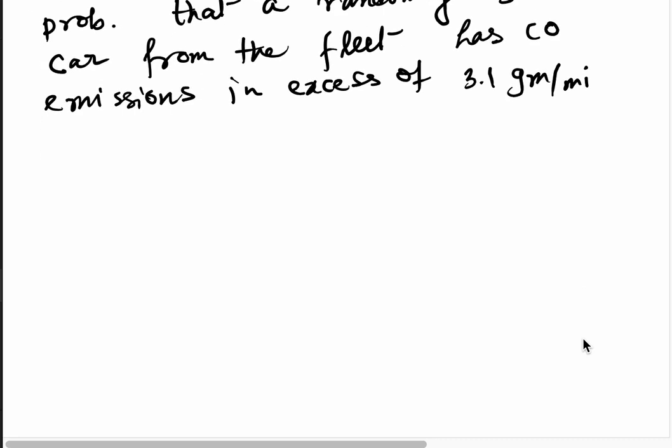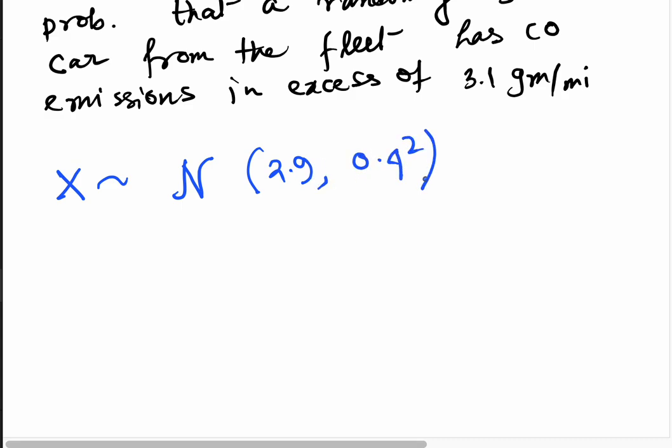So let's see. Here the random variable X follows a normal distribution with mean 2.9 and standard deviation 0.4. We have to find the probability of X greater than 3.1.